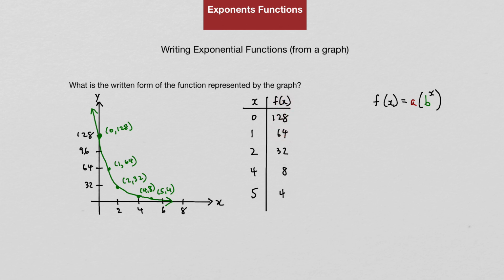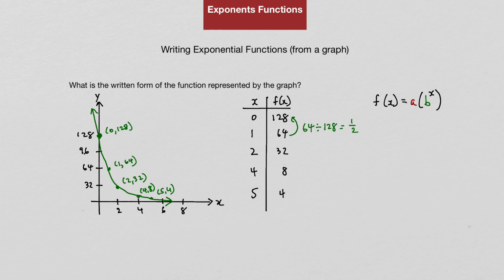The direction of the division is important. It's 64 divided by 128, not the other way around. So 64 divided by 128 is 1/2.